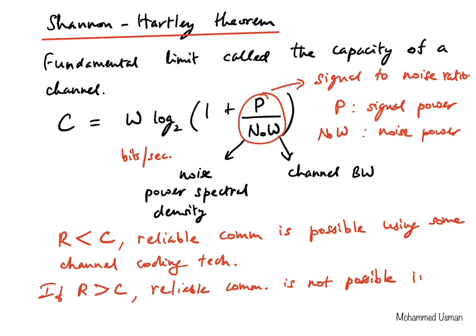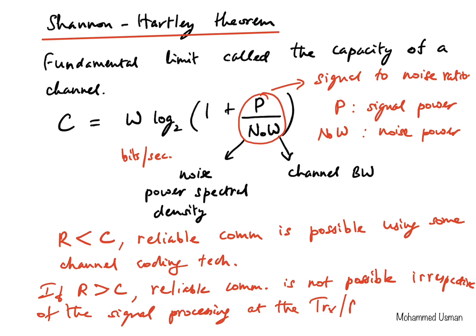So reliable communication is not possible irrespective of the signal processing at the transmitter or receiver. Okay, the transmitter I have written as TRX and receiver as RX.